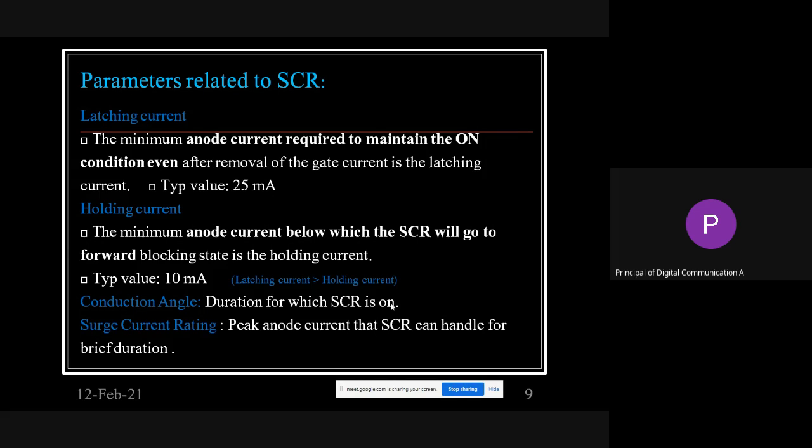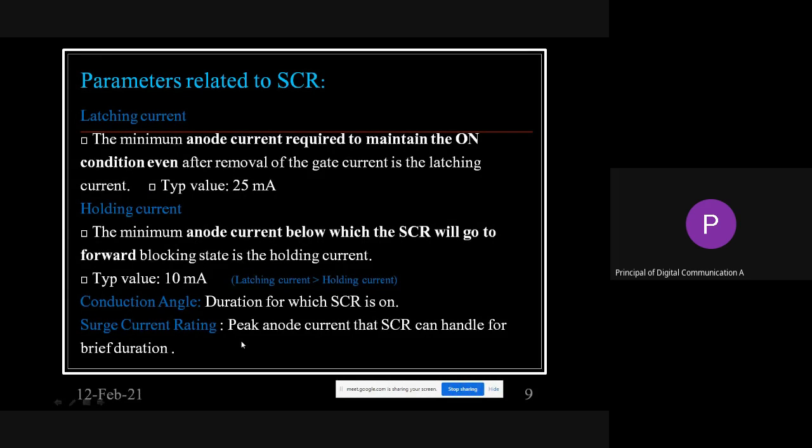And if you are providing the DC supply as an input, at that time it is the duration that is used. Got it? कारण साइन वेव्ह जर तुमच्या डोळ्यासमोर आणलीत आणि त्यातले मग 90 डिग्री, 180 डिग्री, 45 डिग्री, 135 डिग्री, so that is known as the angle. की 180 मधला 90 degrees SCR on होता असं, that is known as the angle. But if you are looking at DC supply, at that time the duration will come as 10 seconds or 5 seconds, like this. This is the duration, conduction angle.